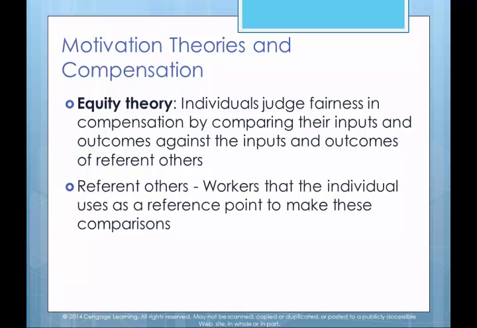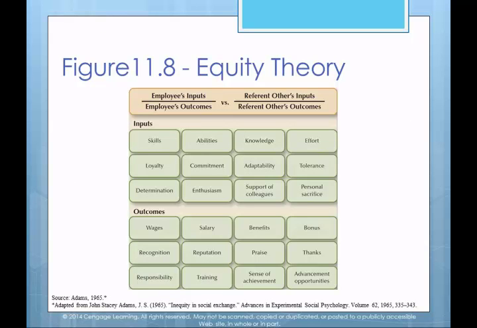So that's what they're talking about under this theory. And the important thing is that individuals may not always believe that they are being rewarded fairly as opposed to their peers. So you've got their inputs and outcomes, and then their relevant others' inputs and outcomes.